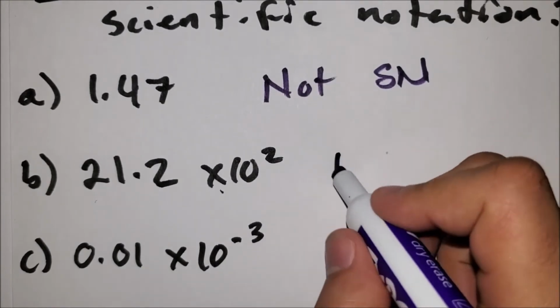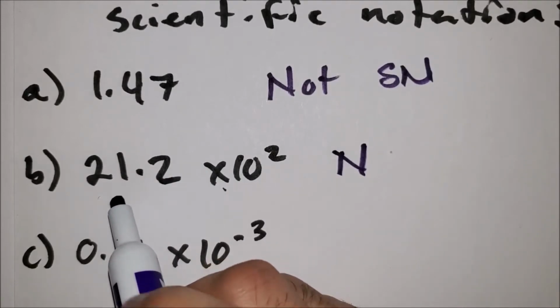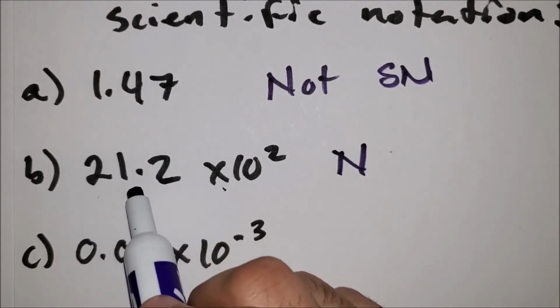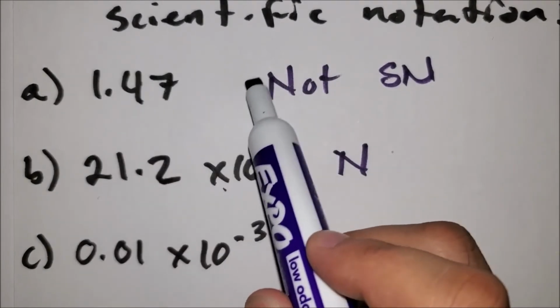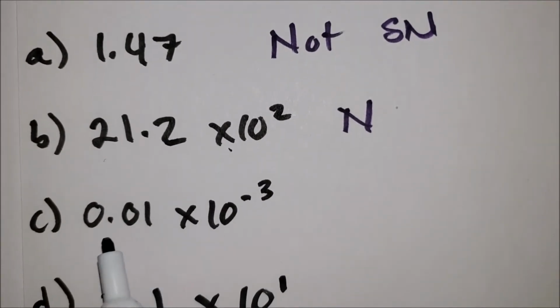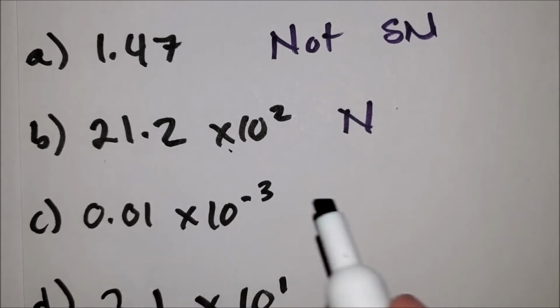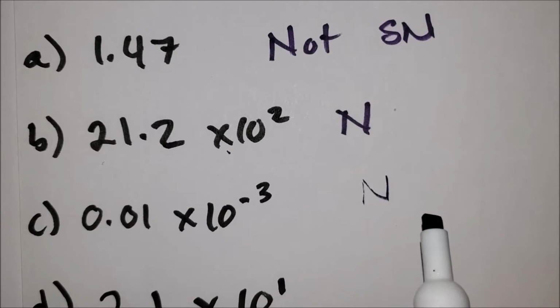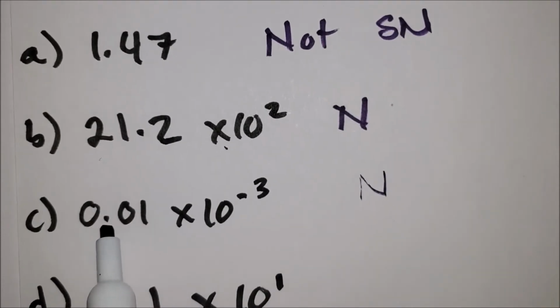This one's also not in scientific notation, and the reason why is because this decimal is over here, so A is larger than 10. With this first one, we didn't have a times 10 to anything, so that's why it's not scientific notation. This next one is 0.01 times 10 to the negative third. This one's also not in scientific notation, and the reason is because, once again, this number is not between 1 and 10.